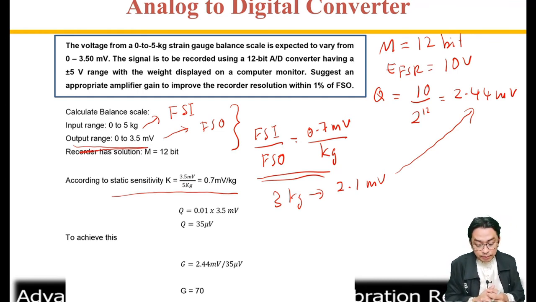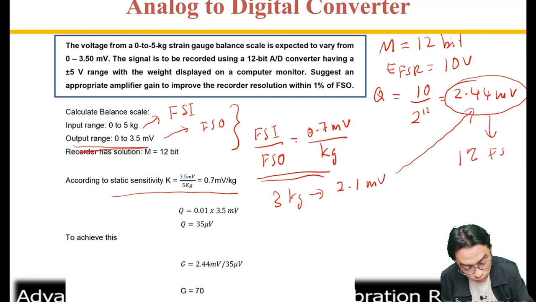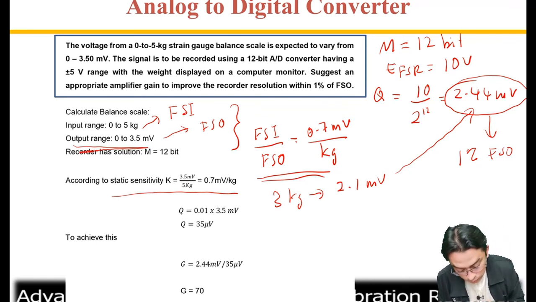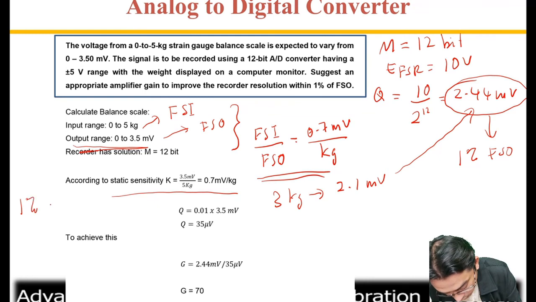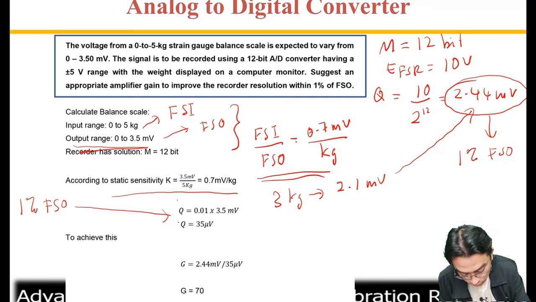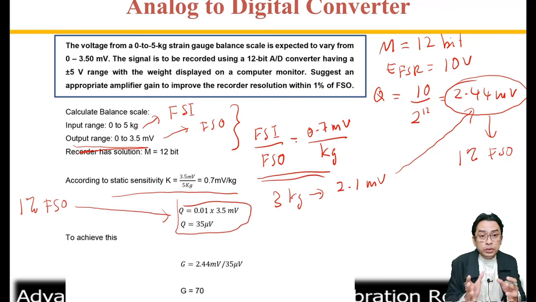So let's say we reduce this to 1% of the FSO. So 1% of the FSO is equal to this one. Now we need to make sure that our Q is 35 microvolt.